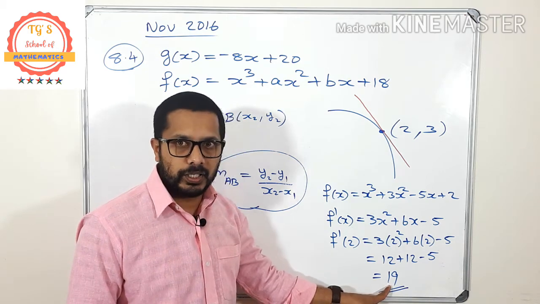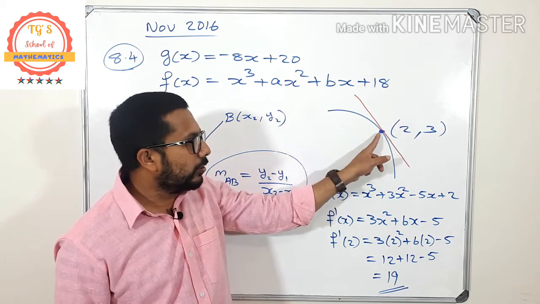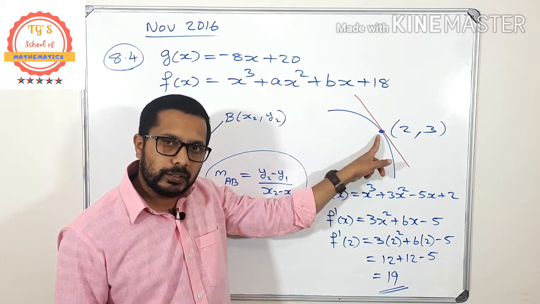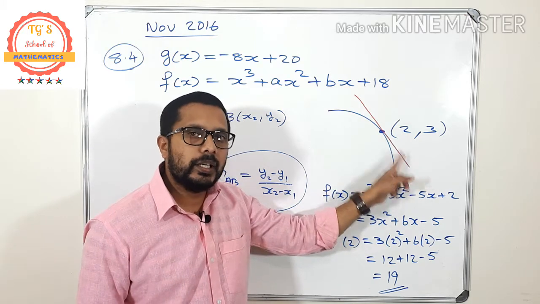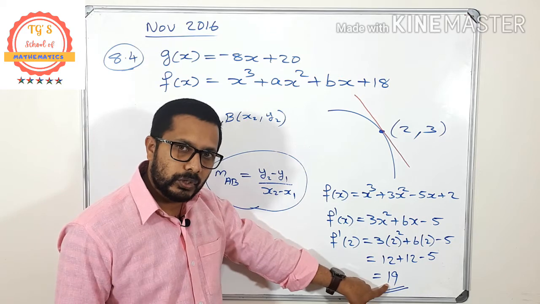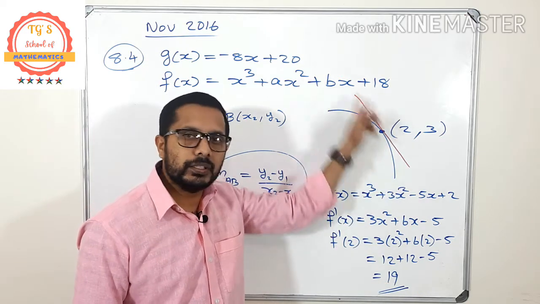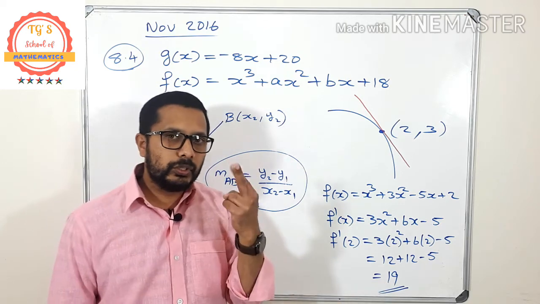What is the gradient of that tangent? It is the same as this gradient. So what is the gradient of this tangent? That is 19.